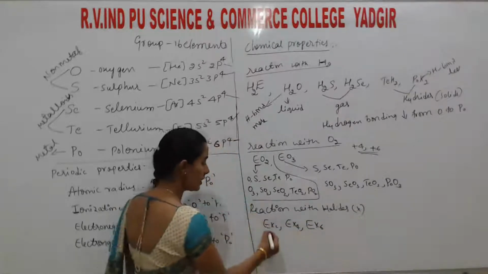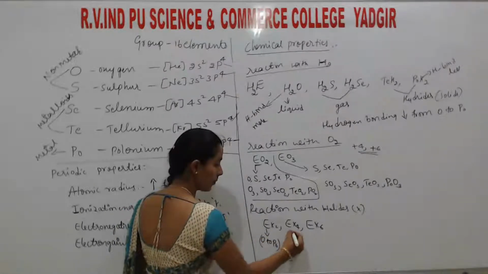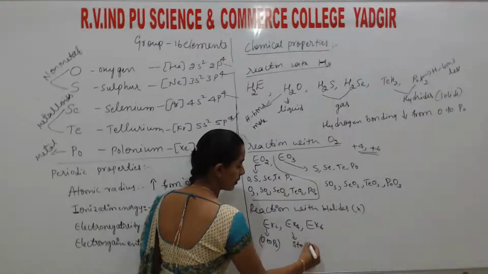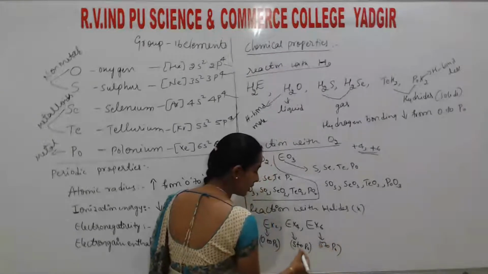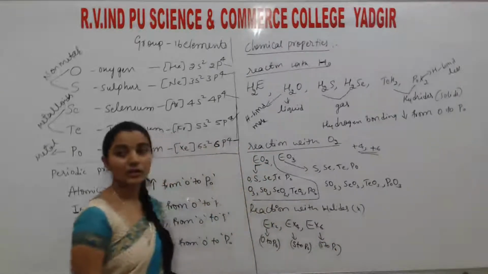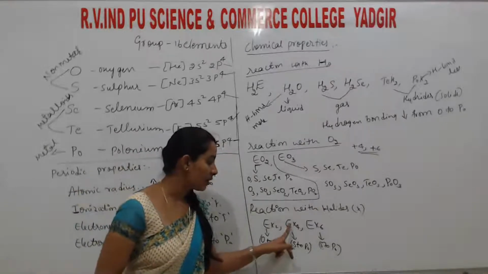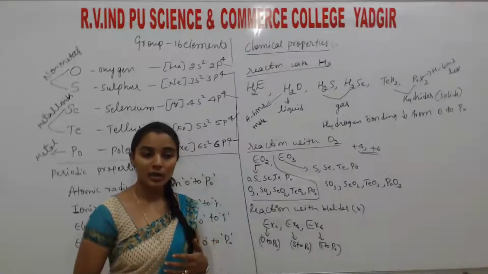In EH2, it may be oxygen to polonium, but here only sulfur to polonium. Here also sulfur to polonium. In these two, oxygen is not there. Why is it not there? Oxygen cannot exhibit +4 and +6 oxidation states.